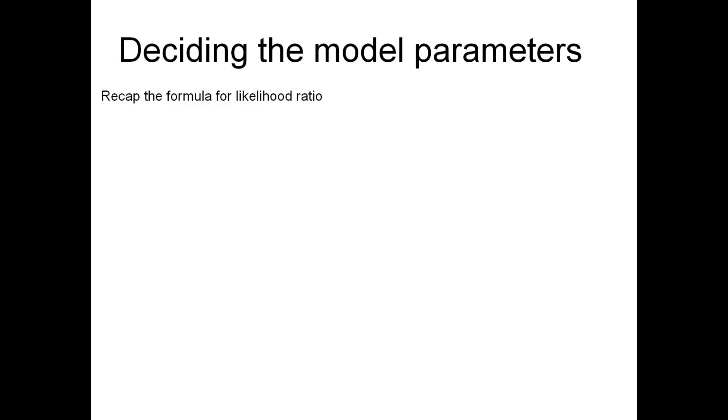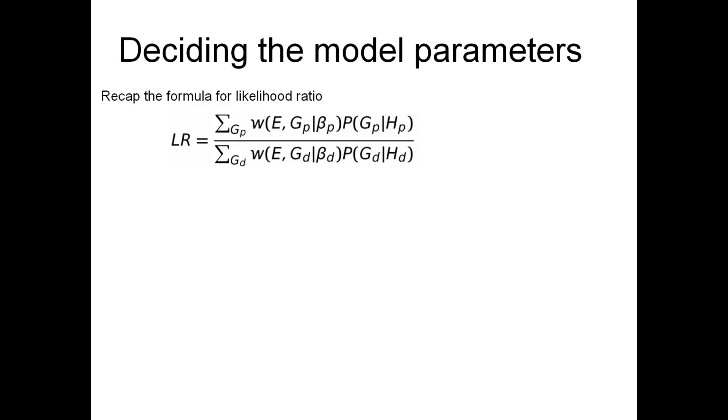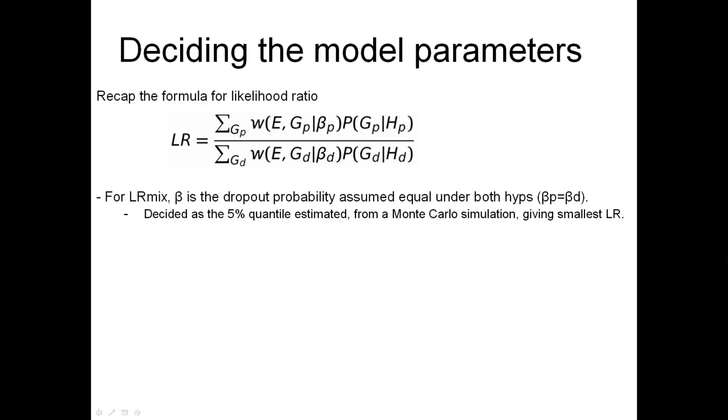So first we recap the likelihood ratio formula, and as we remember here, there was a parameter beta which was included in this formula here. What we want to do is to decide these unknown parameters with respect to the observed data. So for LRMix, beta is the dropout probability, which is assumed to be equal under both hypotheses. And this beta is inferred to be a 5% quantile, which is estimated using a Monte Carlo simulation.